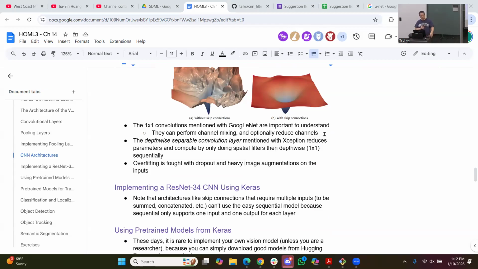If you have 256 channels, then you still basically are doing linear regression on 256 inputs, even though it's a one-by-one. So the way we talk about this now is that a one-by-one convolution is mixing information in the depth direction. A regular 3x3 filter is mixing information in the spatial directions, height and width.